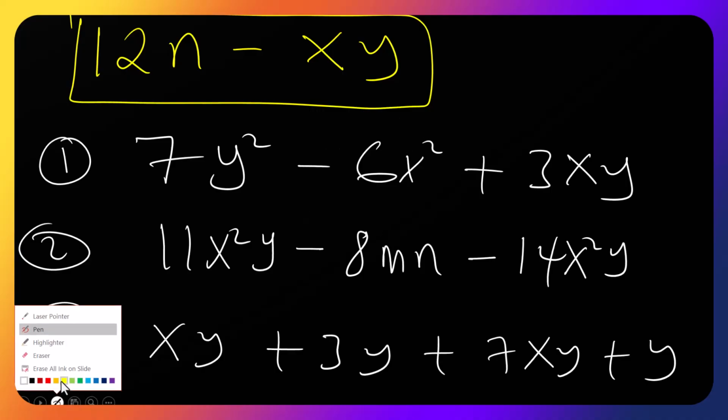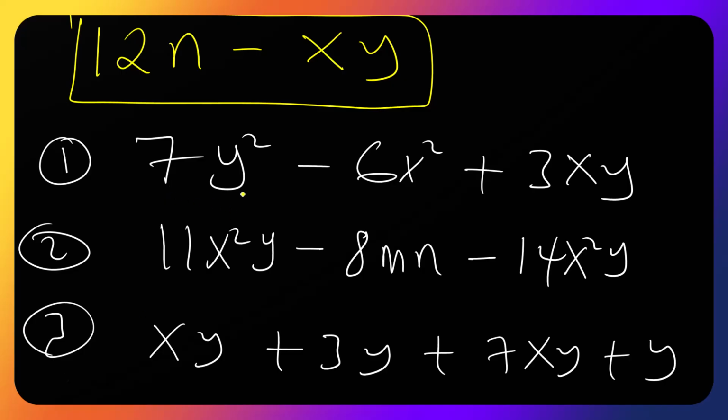Now the first one has to do with 7y squared minus 6x squared plus 3xy. There are no like terms, so the answer remains the same. So that's the answer. 2. 11x squared y minus 8mn minus 14x squared y.